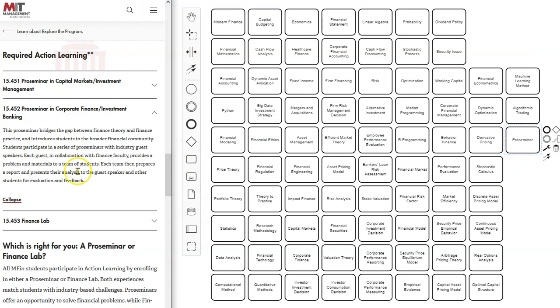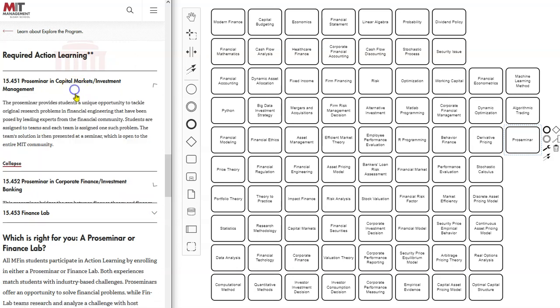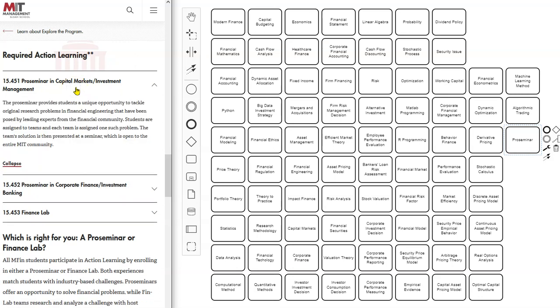I think there's two of them. There's a pro seminar in the capital markets management and a pro seminar in corporate finance banking. Guest speakers, teamwork, presentation presents their analysis. So they're very similar. You're assigned to a team, you got a problem to work on, you do a presentation.